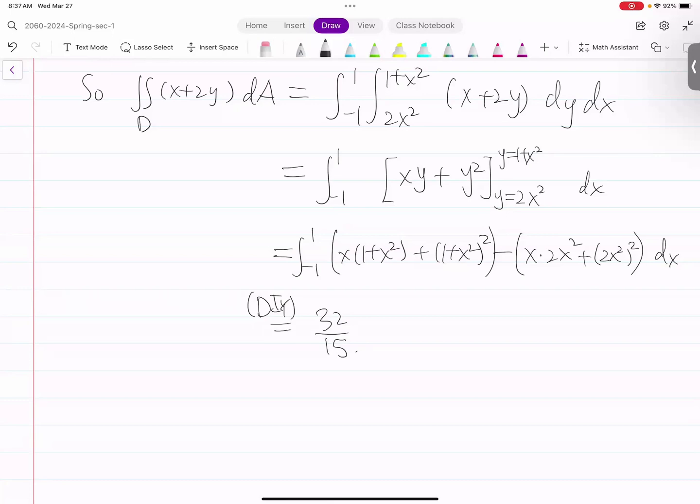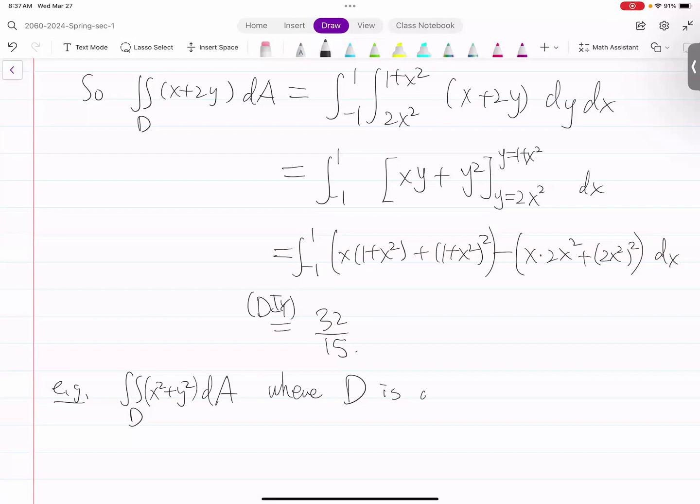Right, so let's look at another one. That's integrating a polynomial function again, but the region is special. So we're integrating x squared plus y squared.